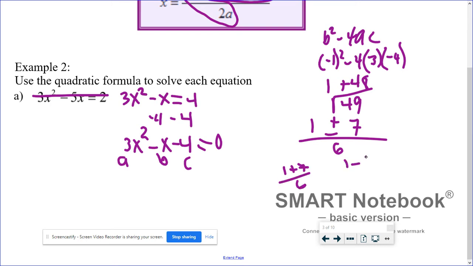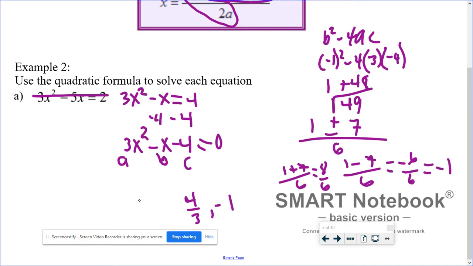The other is 1 minus 7 over 6. 1 plus 7 over 6 is 8 over 6, which reduces to 4/3. The other one is -6 over 6, and you end up with -1. So those are your two solutions, x is equal to 4/3 or -1.